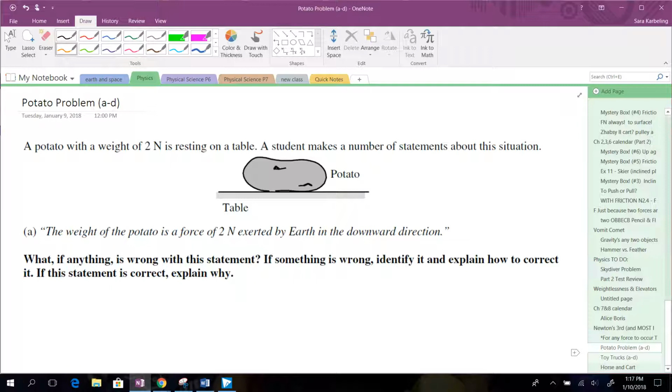So I'll give you just a minute. The weight of the potato is a force of 2 newtons exerted by the earth in a downward direction. Just true or false? And if it's false, tell me why.